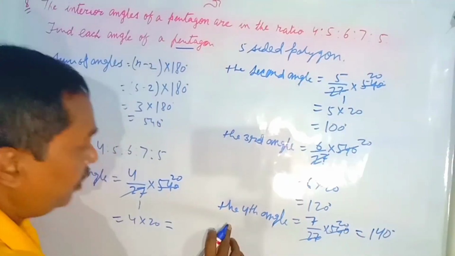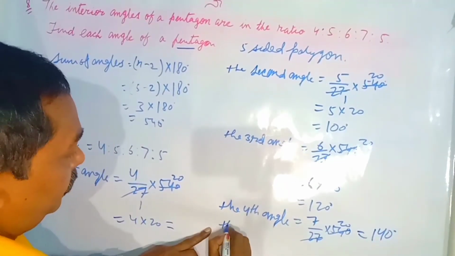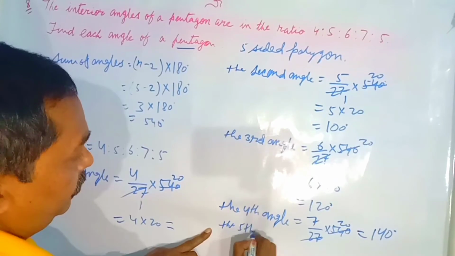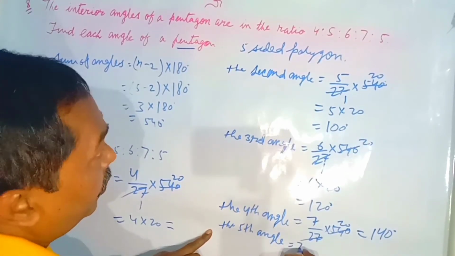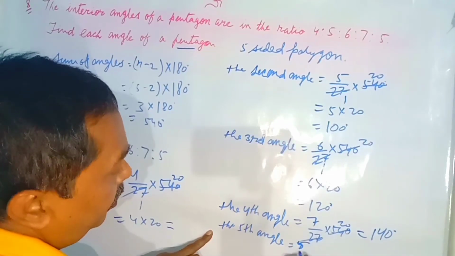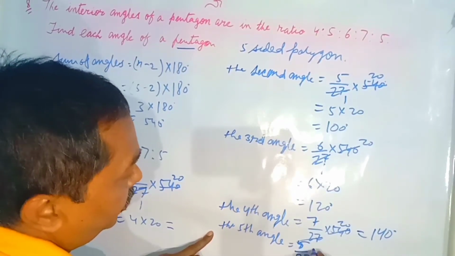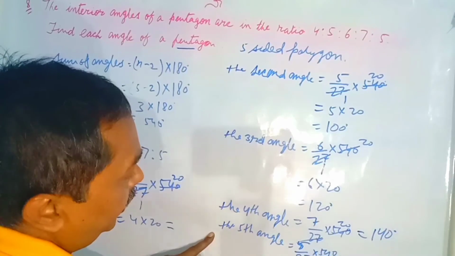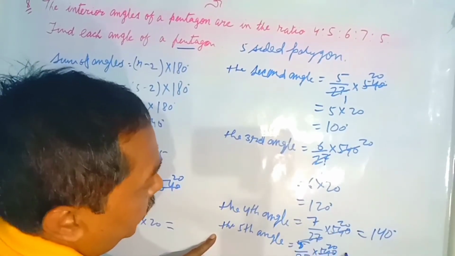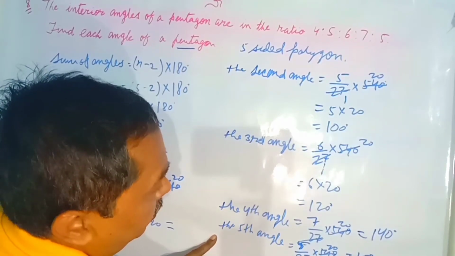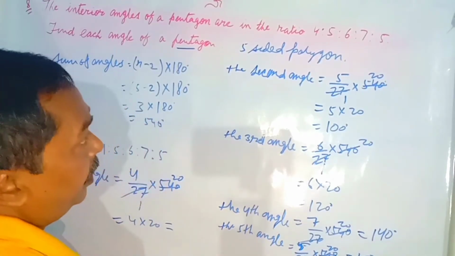And the next, the fifth angle, is equal to 5 by 27 into 540, then 27 times 1 is 27, and 27 times 20 is 540, and 5 into 20 means 100 degrees. So the fifth angle will be 100 degrees.